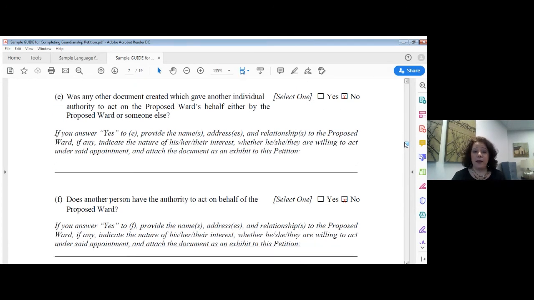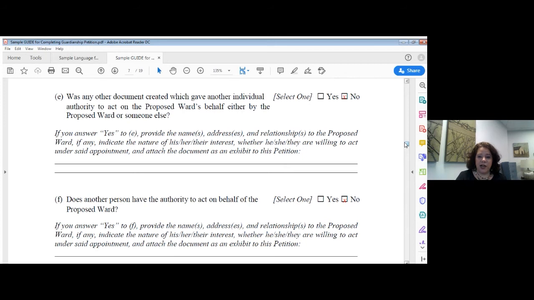And so then, has any other document been created? The court is really just trying to do their due diligence here and say, is there anybody else in line that, you know, should be notified, should be put in place, that has been designated and part of the proposed ward's life and should be involved in this decision making.